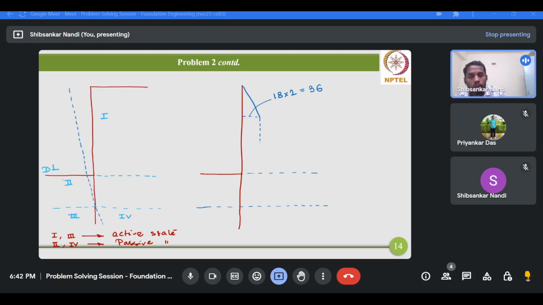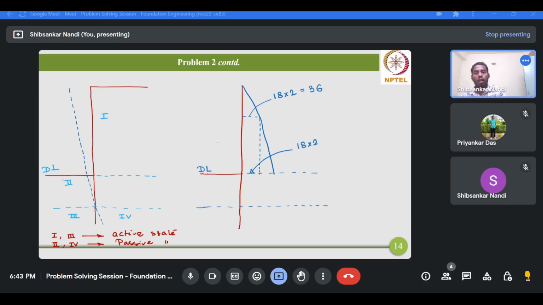As soon as you encounter the water table, this 36 will remain constant.